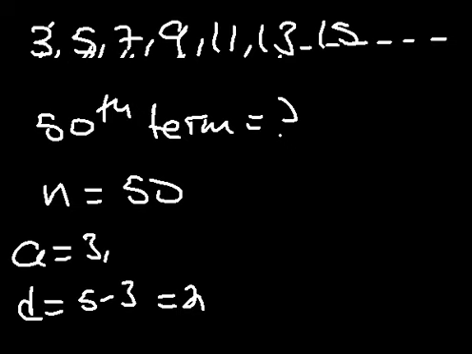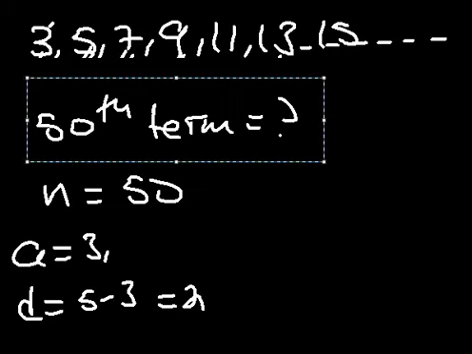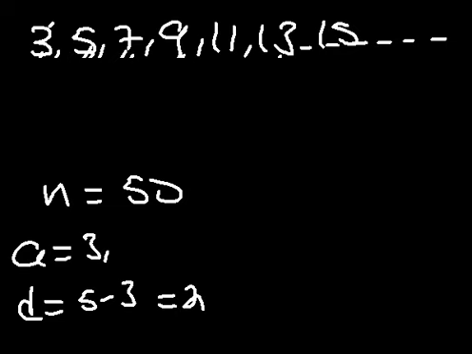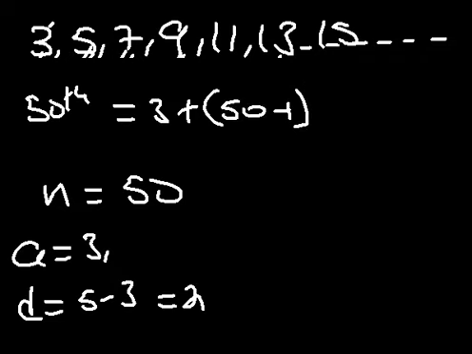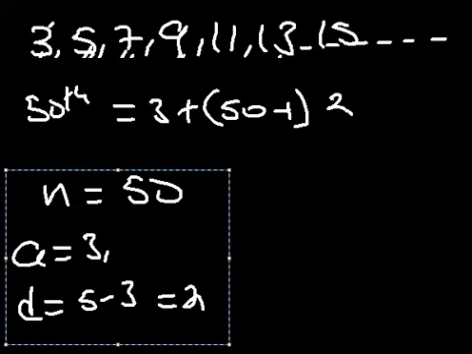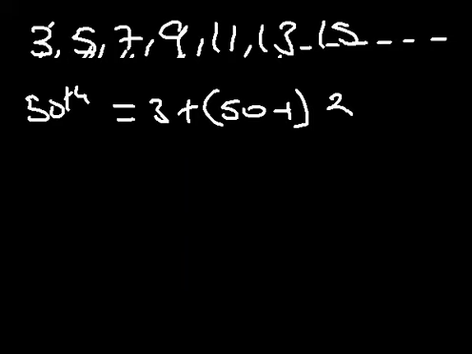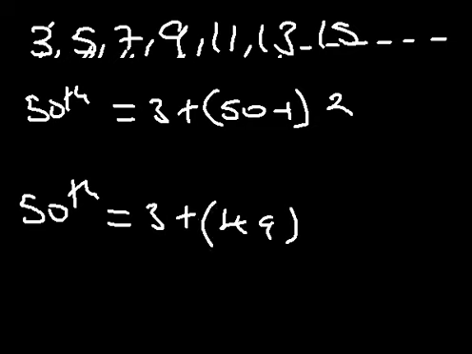So what is the 50th term if that's the case? The 50th term will be 3 plus the number of terms, which is 50 minus 1, times the common difference, which is 2. So the 50th term is 3 plus 49 times 2.